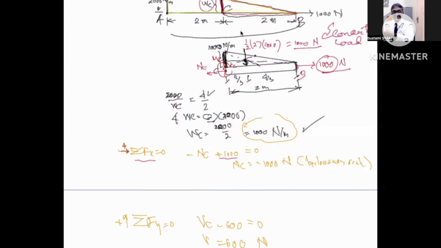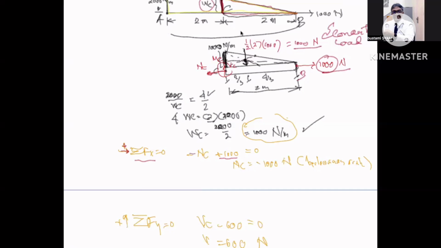And then NC, we assume at the beginning that the direction is to the left, so it's negative here.